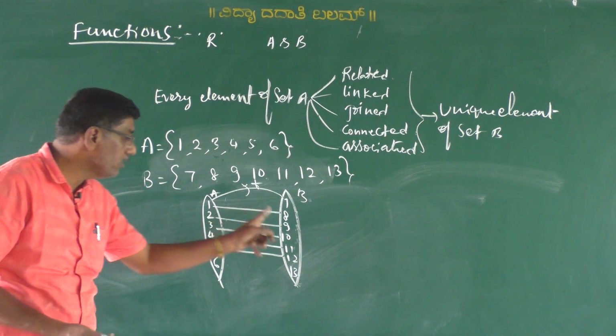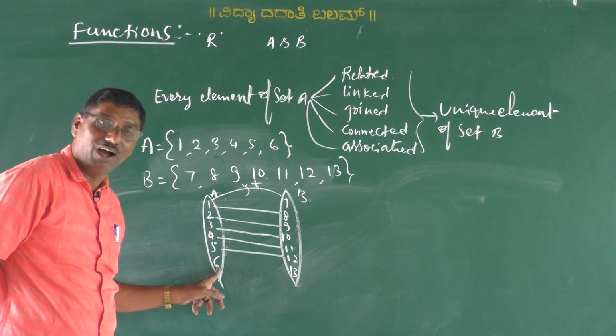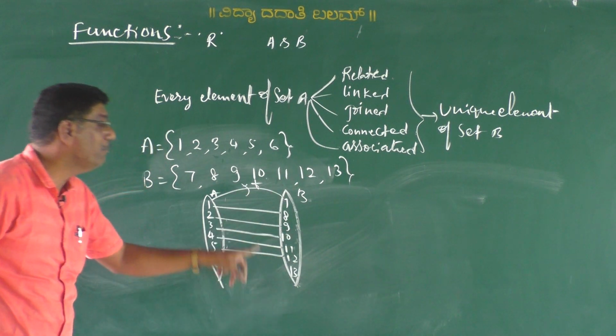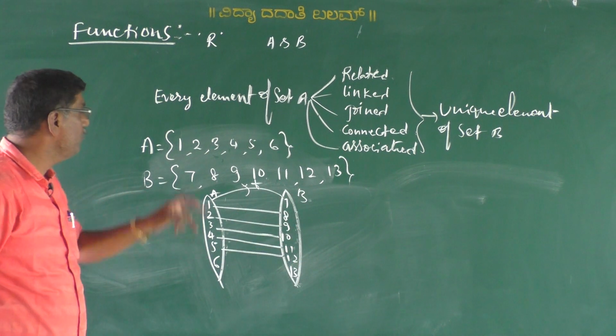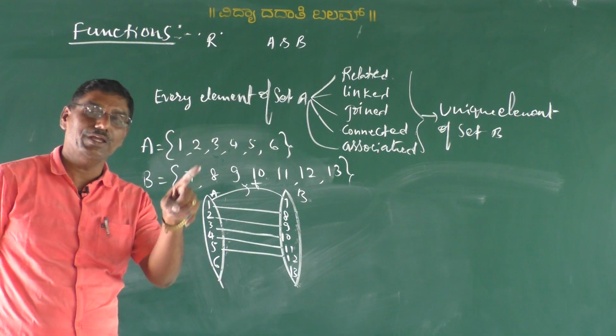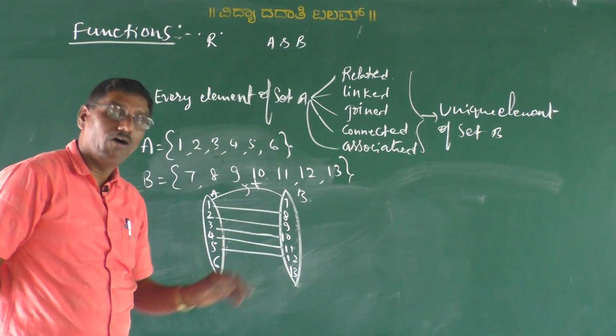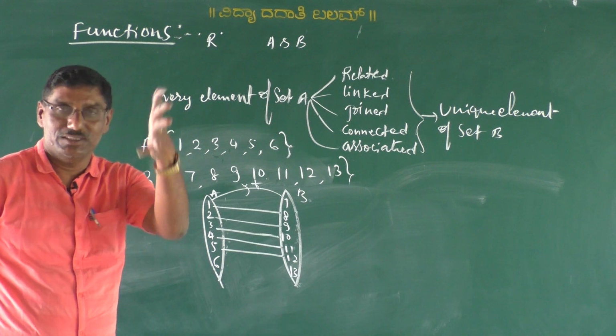No, this is not a function. How? Since 6 is not related to any element of set B. In the definition of a function, we define for every element of set A, but here 6 is not related to any element of set B, or 6 has no image.